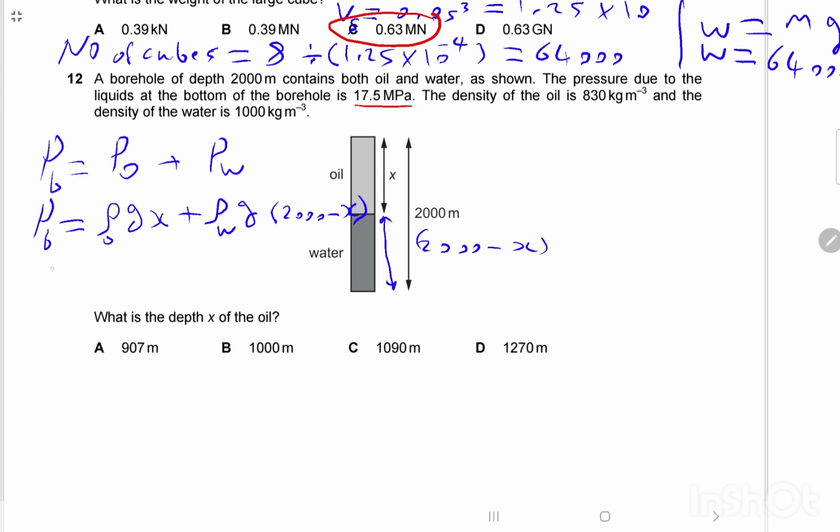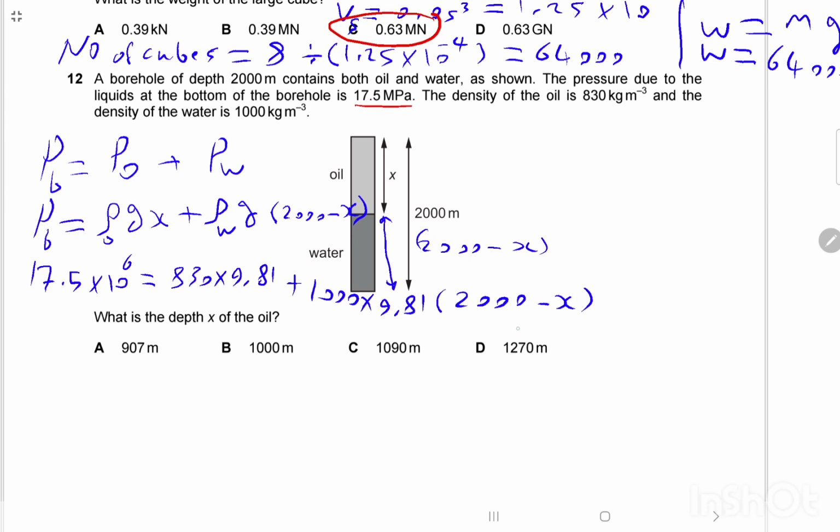Now we replace 17.5 here. Mega means million, so times 10 to the power of 6 is equal to density of oil 830 times 9.81 times x, plus density of water, which is 1000, times 9.81 multiplied by 2000 minus x.